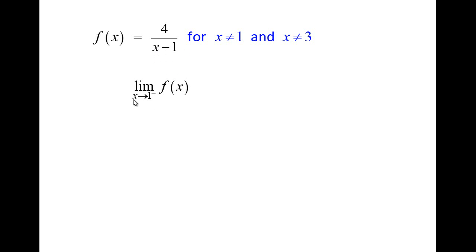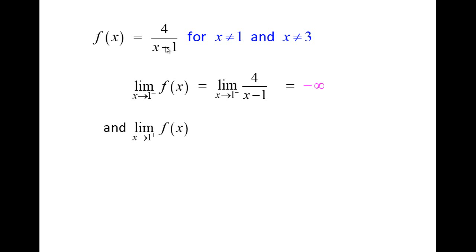So when x is close to 1 on the left side of 1, x minus 1 is negative and close to 0. So the entire ratio, 4 over x minus 1, would be negative. And since the denominator goes to 0, we're going to get that this limit is negative infinity.